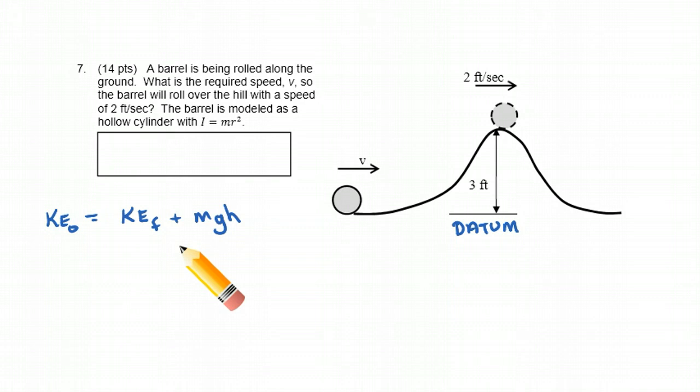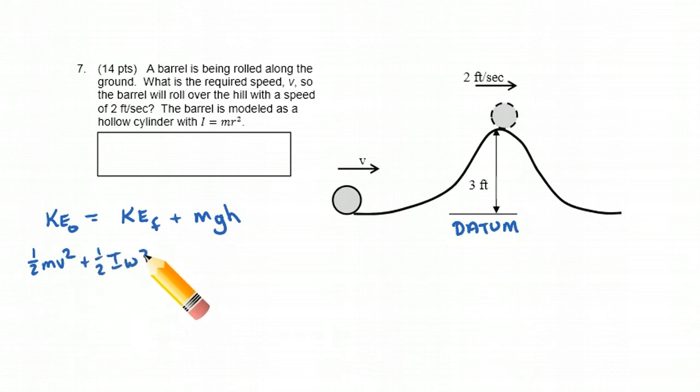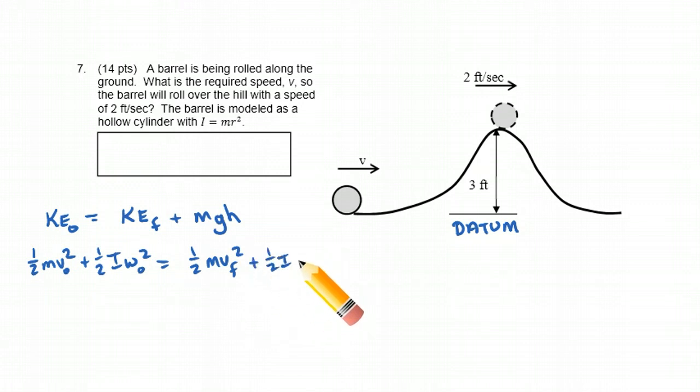As I said, the kinetic energy is going to have two parts, translational and rotational. So let's write that out. 1/2 mass velocity squared plus 1/2 I omega squared, and both of those are initial ones, is equal to 1/2 mass final velocity squared plus 1/2 I omega final squared plus mgh.